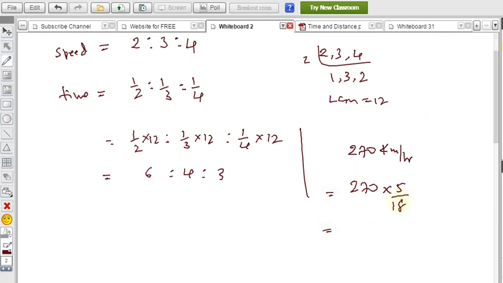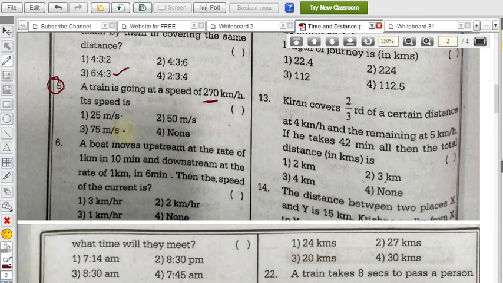You calculate this: 9 2s are 18, 9 30s are 270, so 15 into 5 is 75. Okay, 75 meter per second.